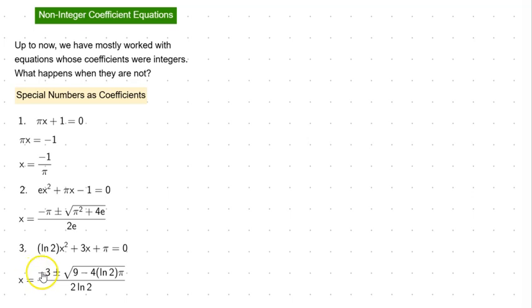Again, quadratic formula, minus 3 plus or minus square root of 9 minus 4 times natural log of 2 times pi divided by 2 times natural log of 2. So as you can see, whatever be the coefficients, our algebra that we have learned still stands.